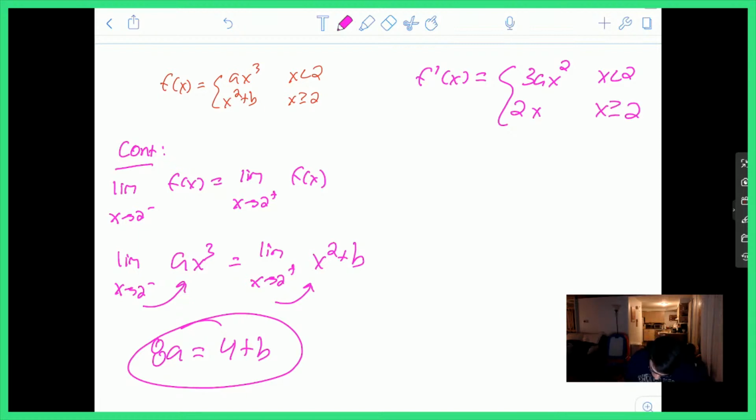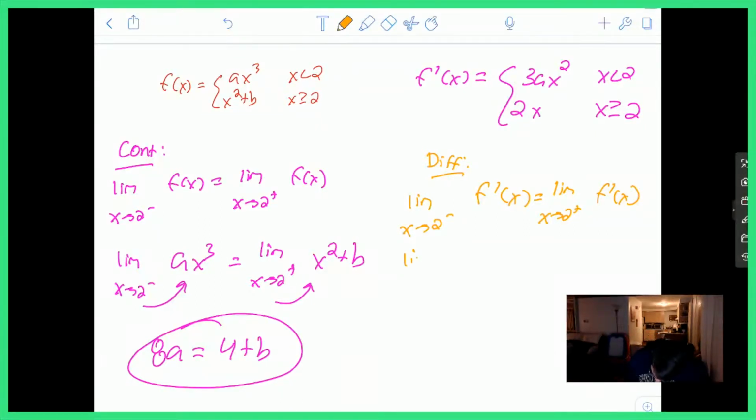So let's go ahead now and use my differentiability piece. I'll use orange again. I'm liking the orange today. Differentiability piece: limit as x goes to 2 from the left of f prime of x equals the limit as x goes to 2 from the right of f prime of x. Okay, so this is now my differentiability, which is just continuity on the derivative.